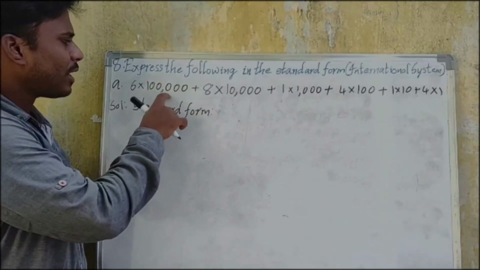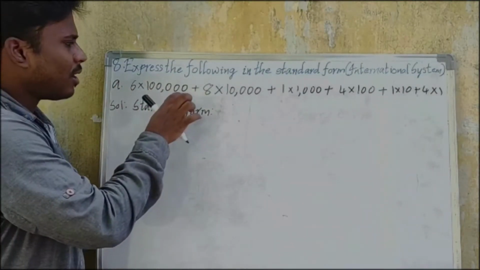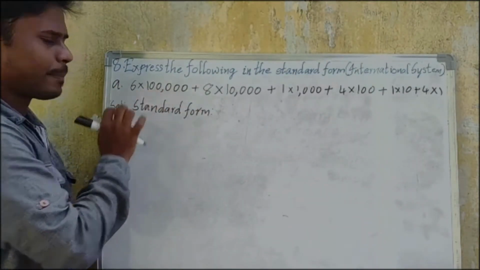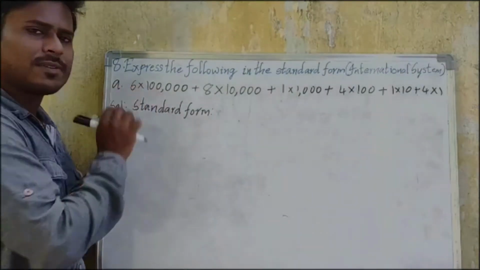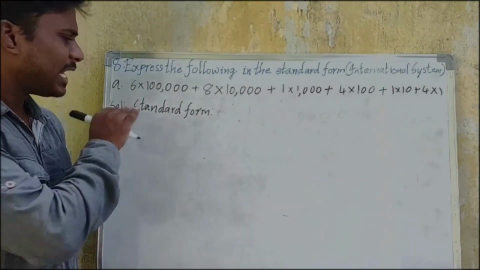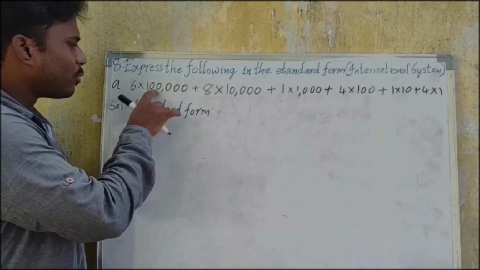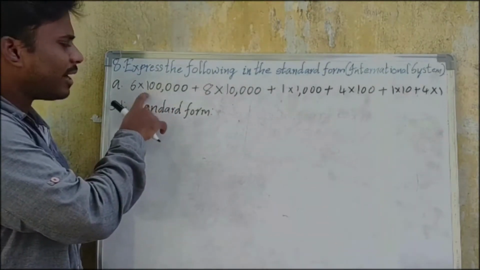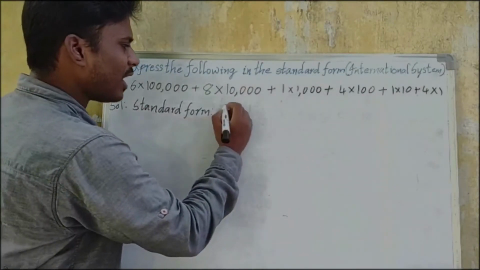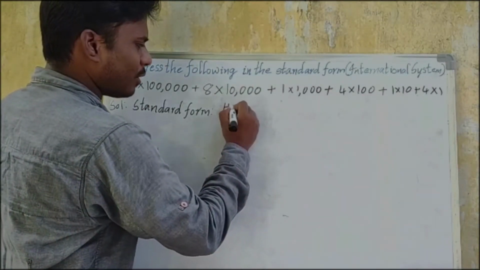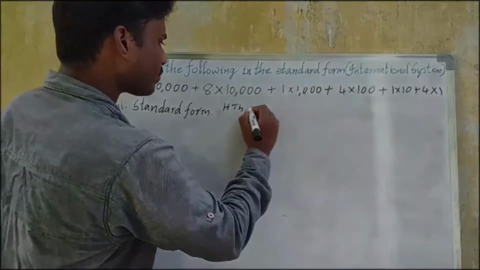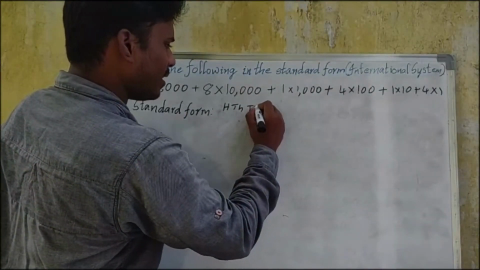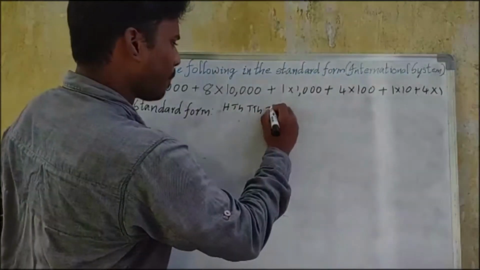See here we have two periods, ones period and thousands period. So this will be the highest place in our question. So in thousands period, what is the highest place? 1,000s, 10,000s, 100,000s. So let us start our places like this: 100,000, then 10,000, then 1,000.